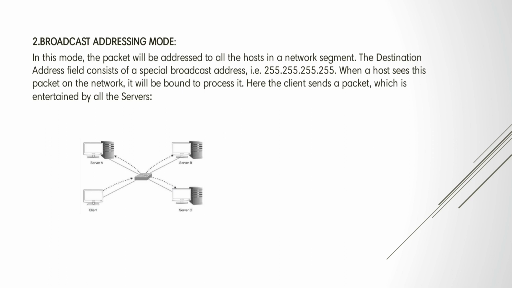When the host sees the packet, it processes the packet, and the client sends it to all the servers. Whereas in unicast addressing mode, there was only one destination and one host, here multiple servers are there.